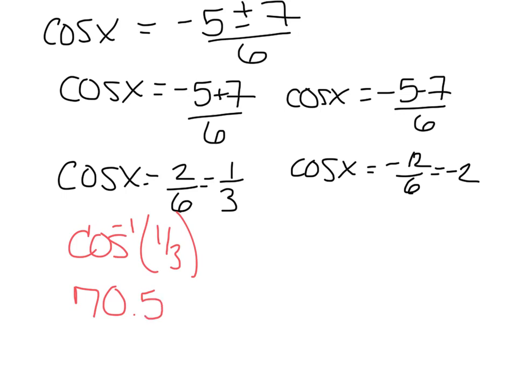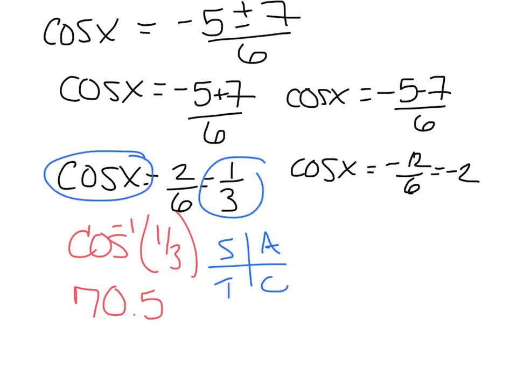Now, I have to slow down and get quadrants. Remember, every trig problem has quadrants. All Students Take Calculus. We're cosine, and we want to be a positive 1/3. So 1 is a winner because everybody's positive, and in 2 cosine's negative, and in 3 cosine's negative, and in 4 cosine's positive. So I'm going to use 70.5, and I'm going to take 360 minus that 70.5 and get 289.5.